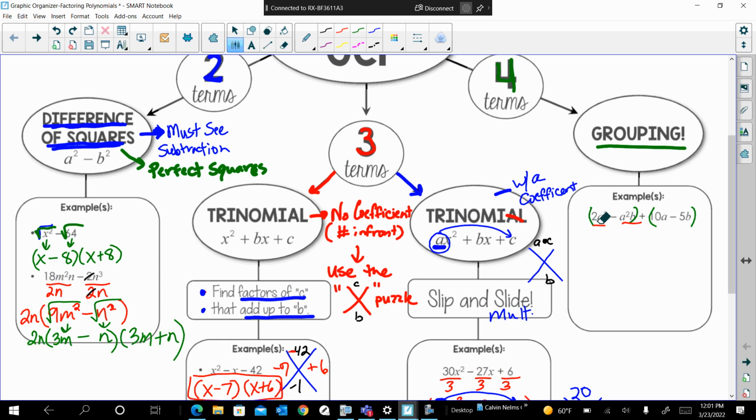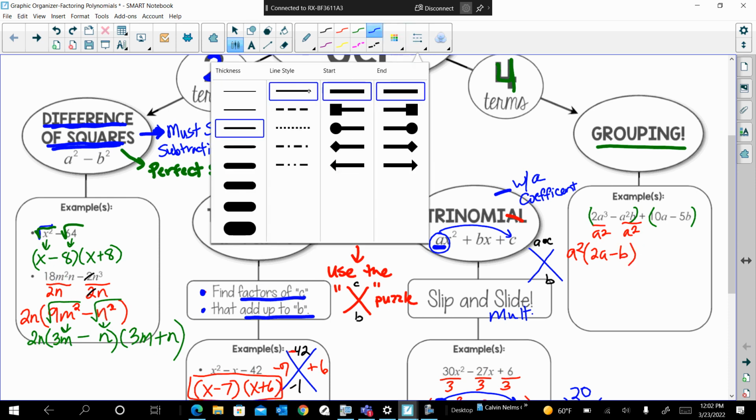So in the first grouping, or binomial, 2a cubed and a squared b, what's the GCF between them? Yeah, a squared. So we're going to divide everything by a to the second power. So that's going to leave me with 2a minus b.